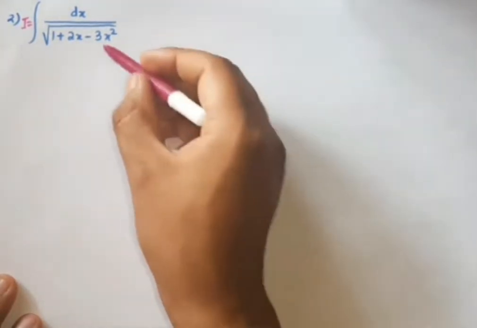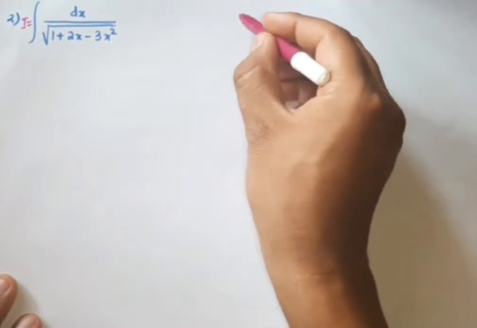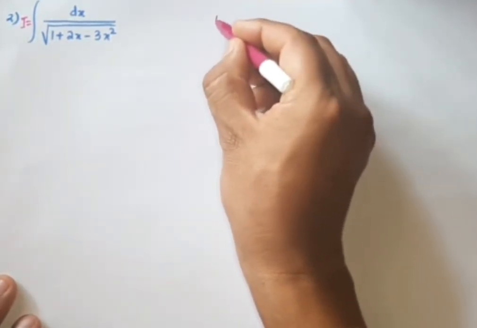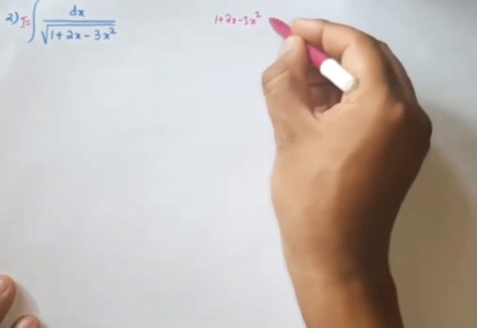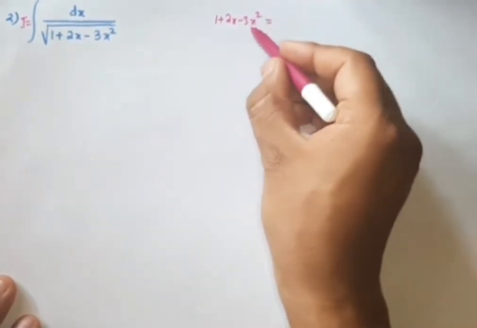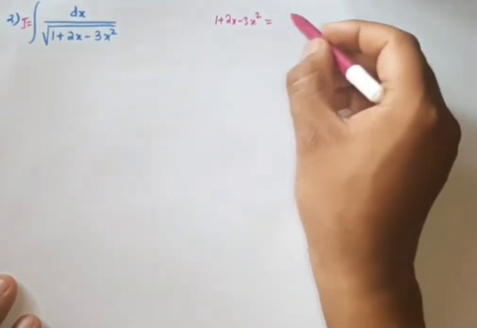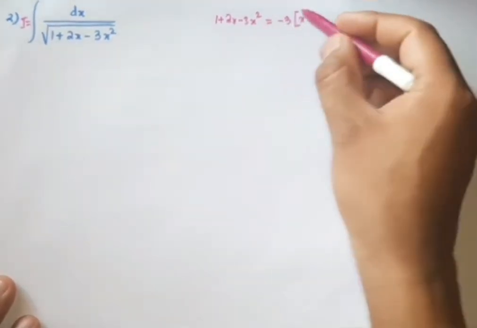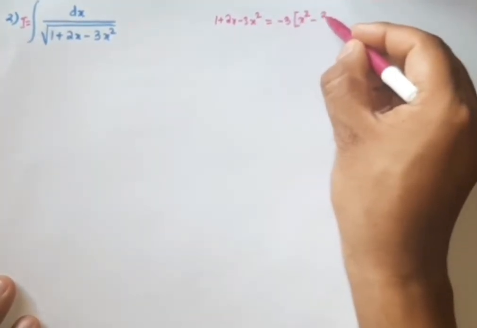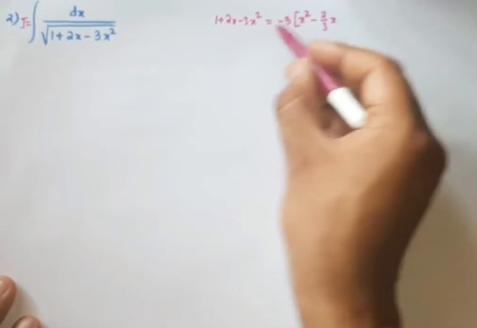Okay, so let me write the quadratic expression given to us. So we have 1 plus 2x minus 3x square. So a is equal to how much? -3 here. So that a has to be kept outside. So -3 is kept outside. So we have x square here, right? So from here how much will be left? -2 by 3 x will be left.